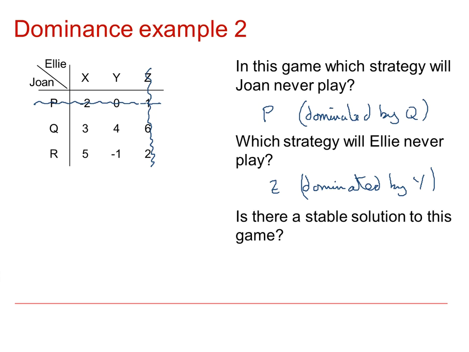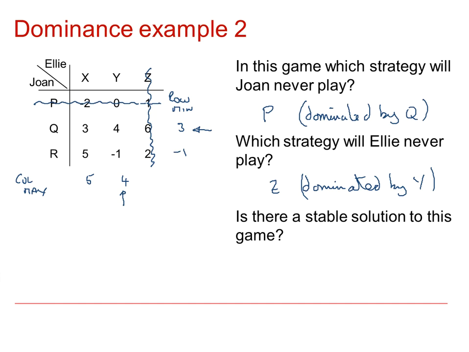So you can say, is there a stable solution for this? Well, we go through and work out the row minimum. So the row minimum are 3 and -1. So the maximum min value is 3, and the column maximum values are 5 and 4.